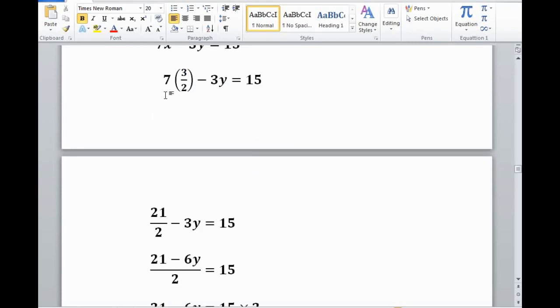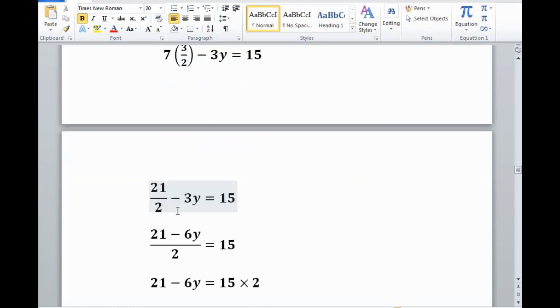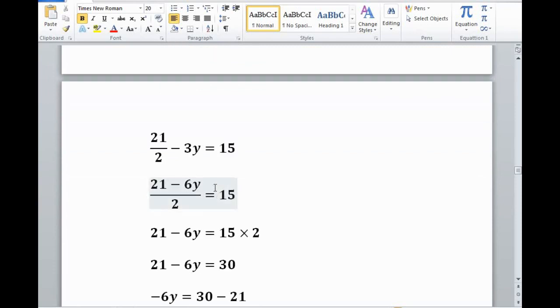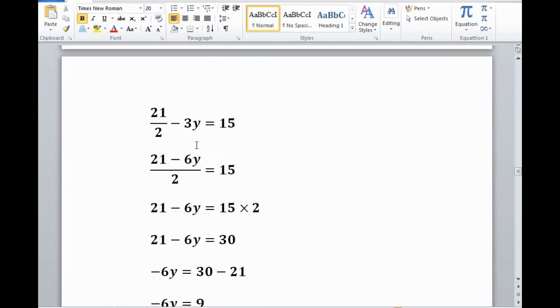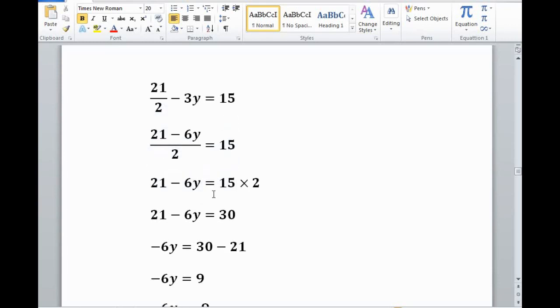Now simplification: if we take the product of 7 and 3, 7 times 3, 21 upon 2, negative 3y equals 15 as it is. To simplify, let's take the LCM of 21 upon 2 and negative 3y. We get 2 as the LCM of these two fractions, and the numerator is 21 negative 2 times 3, 6y equals 15.